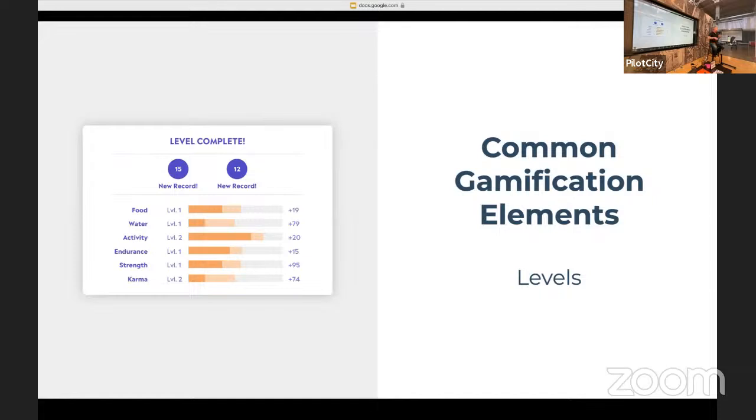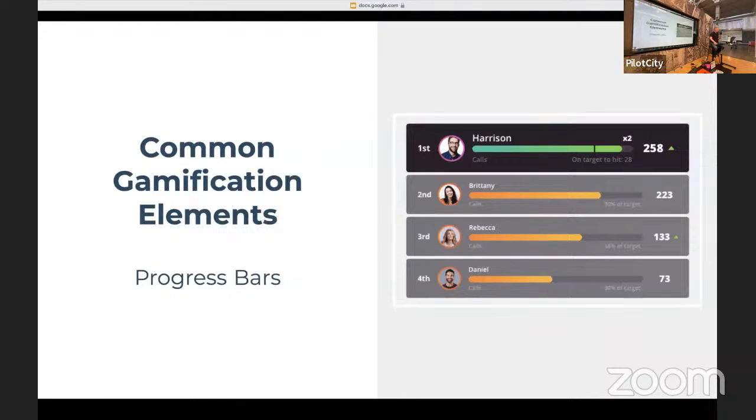A lot of the RPGs that came out way back in the day had this concept of characters leveling up. So one of the things gamification took from that is that if you're going through Khan Academy or something else, you can be leveling up to show that you're getting more powerful at what you're doing.